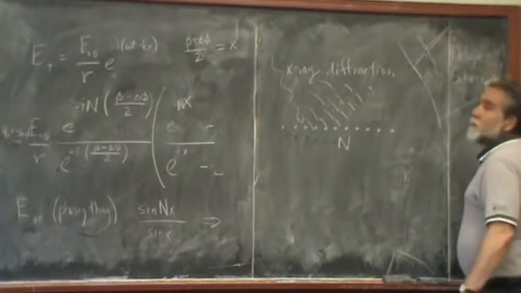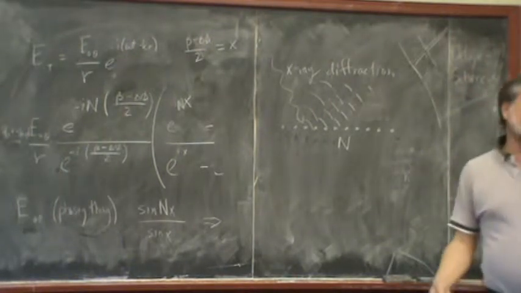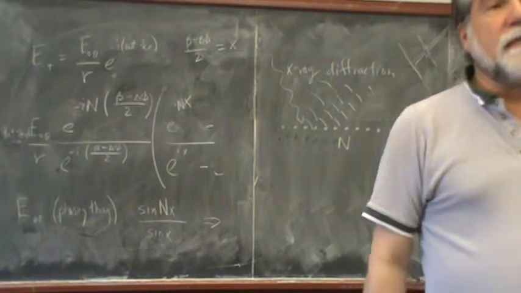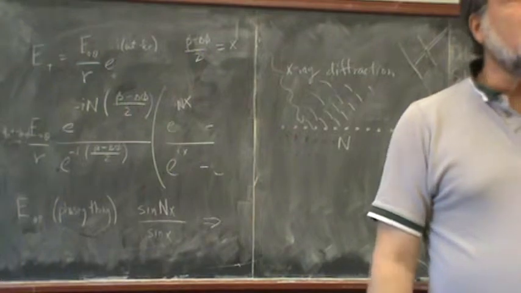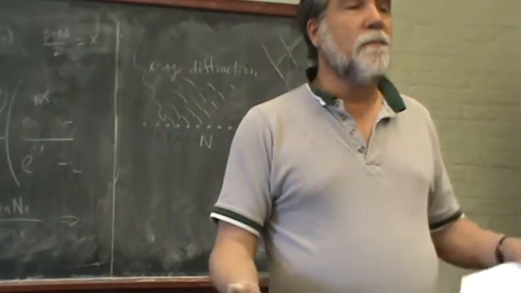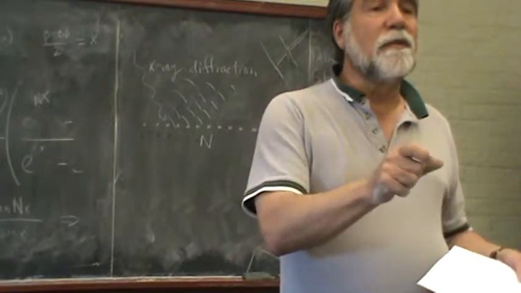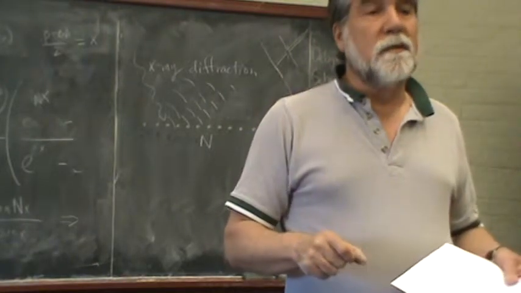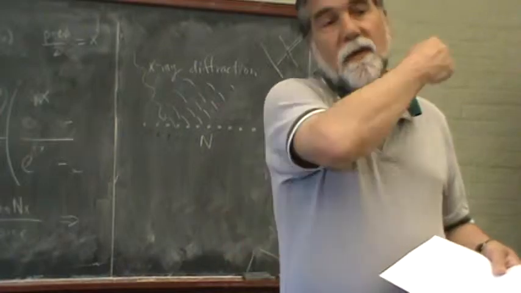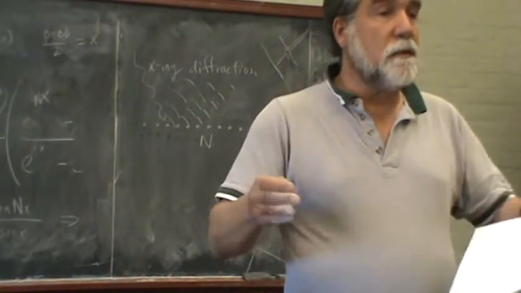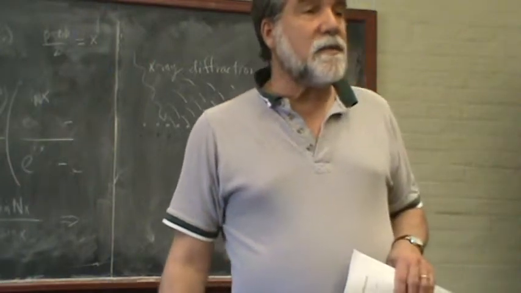The Debye-Scherrer width, right? If you look at the width of the diffraction peak that you see in X-rays, it tells you how big the sample was that you were scattering from. Or not actually so much the size of the sample, but it tells you how large the crystallite within the sample was that you're scattering from. So the width of the diffraction peak is inversely proportional to the linear size of the sample.